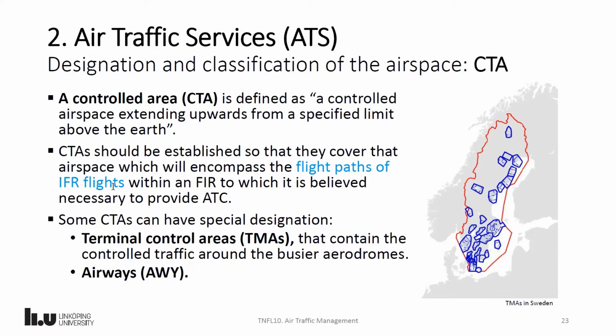So in these regions, we are sure that we're going to have flights that are going to need ATC service. Okay, so we have 2 particular designations for control areas. One of them that I'm sure you have heard about are the airways. So airways are corridors between 2 points where the aircraft are provided with air traffic control.